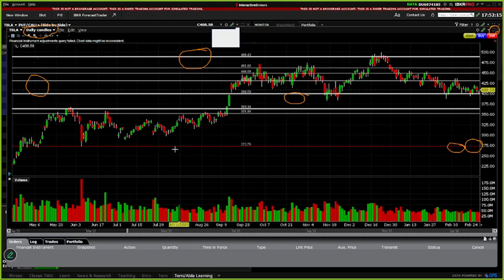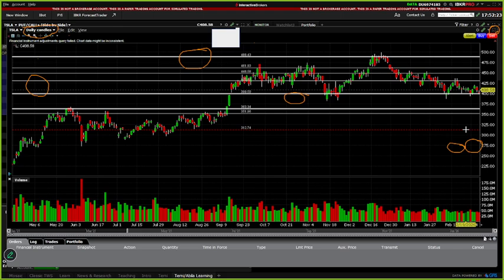Exact. So say for example it goes to 363, then that now becomes a new resistance because that's higher, right? But right now it hasn't gone below, so that's the support level right now.